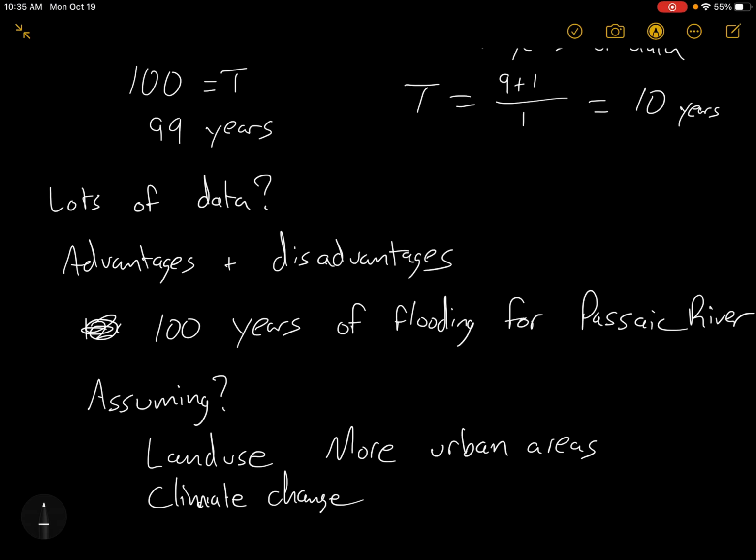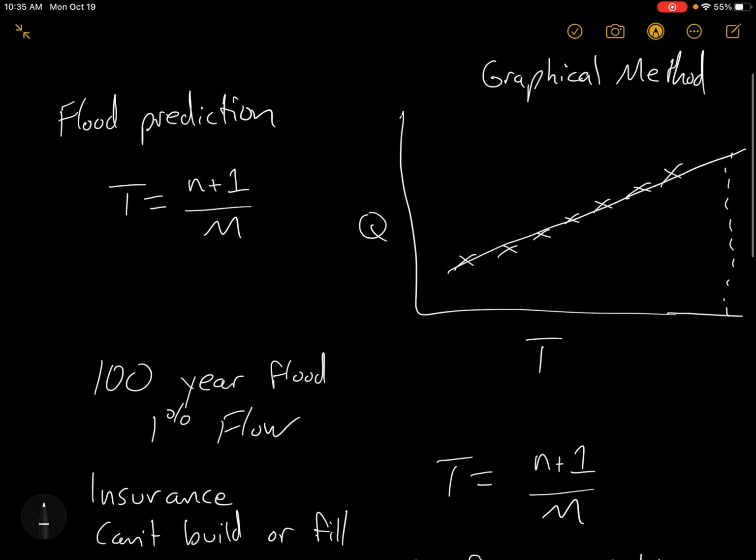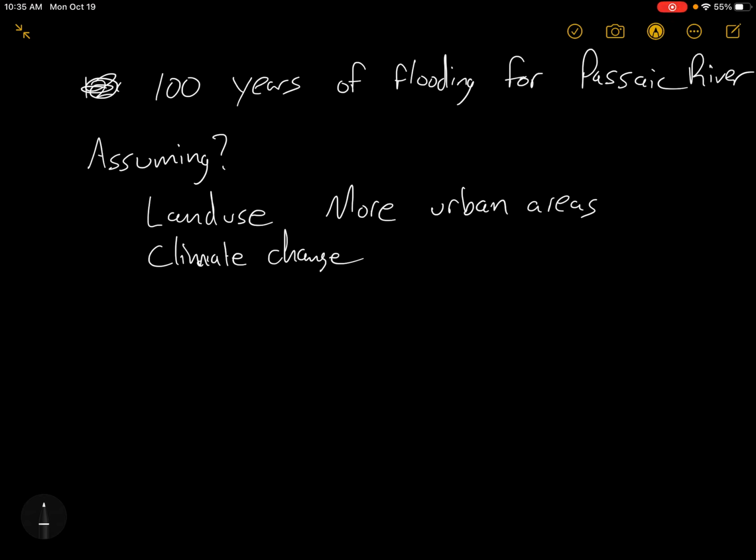And so if you have a long set of data, there's some advantages to that because it allows you to do things like this graphical method up here, and you're putting in lots of data points. But you're making assumptions about keeping things like land use, climate change, the amount of ice maybe you have in the watershed, all sorts of variables. You're keeping them relatively constant. And so there's both good things and bad things to having lots of data.